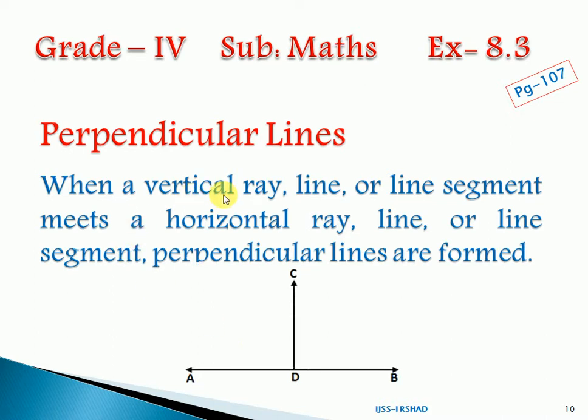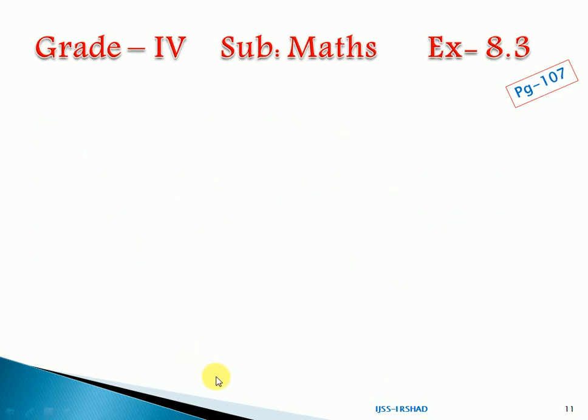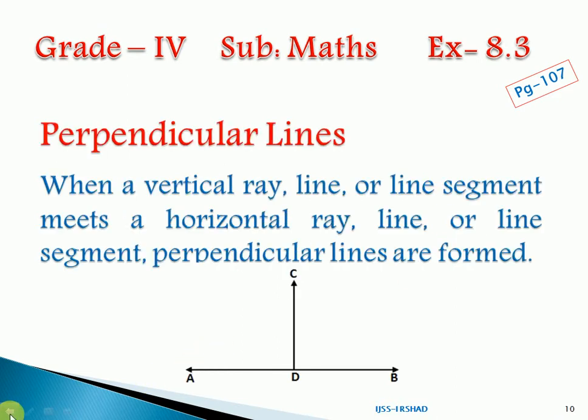I told you here, when a vertical ray, or a vertical line or a vertical line segment meets, here you can say this DC meets a ray, line or a line segment, perpendicular lines are formed.